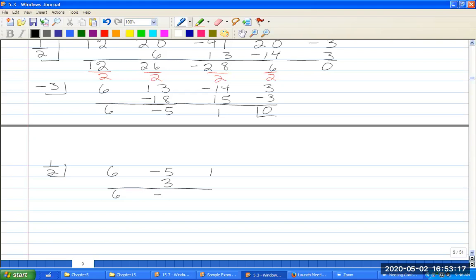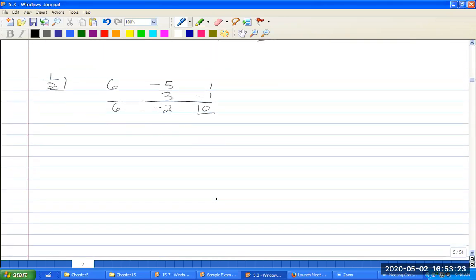Minus 5 is minus 2 times a half is minus 1. So that gives you 0. That's good. And let's try 1/3. I could reduce it, but let's just write 1/3. That becomes 6 times a third is 2, which gives you 0.